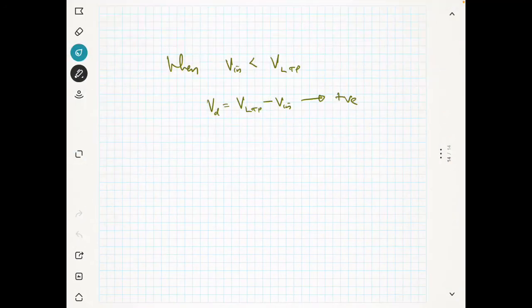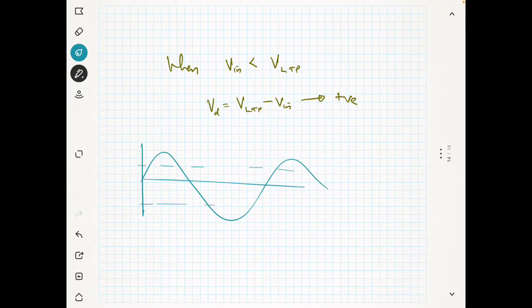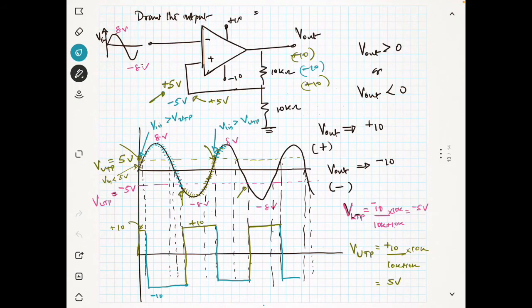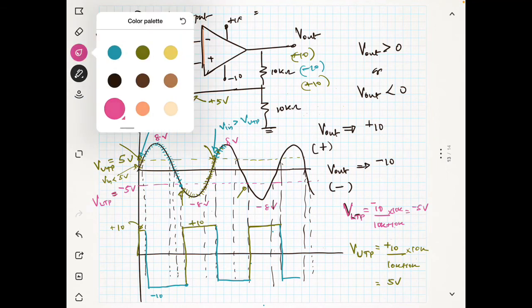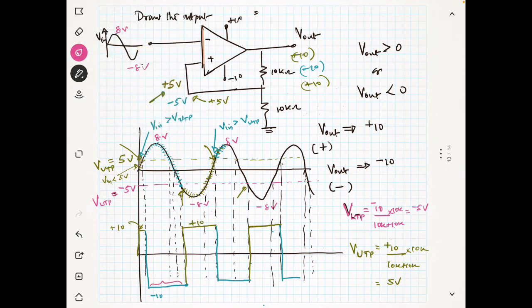So what is happening here basically is that whenever your input voltage is within some range, you can see here, I will mark with a different color, this portion and similarly this portion. At this portion your input is between VUTP and VLTP.